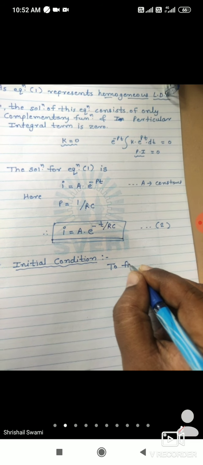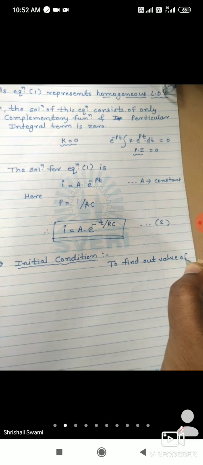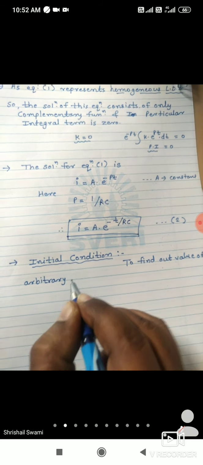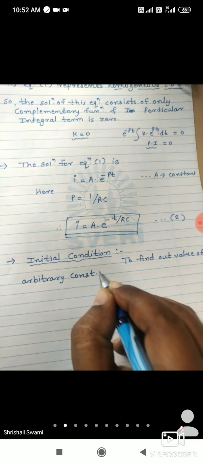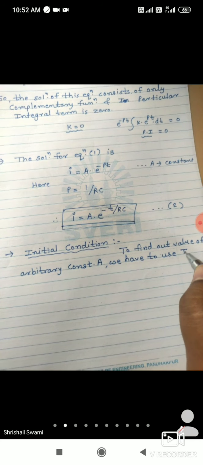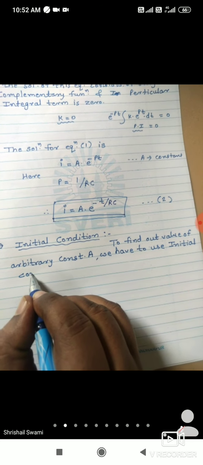To find the value of the arbitrary constant a, we have to use the initial condition.